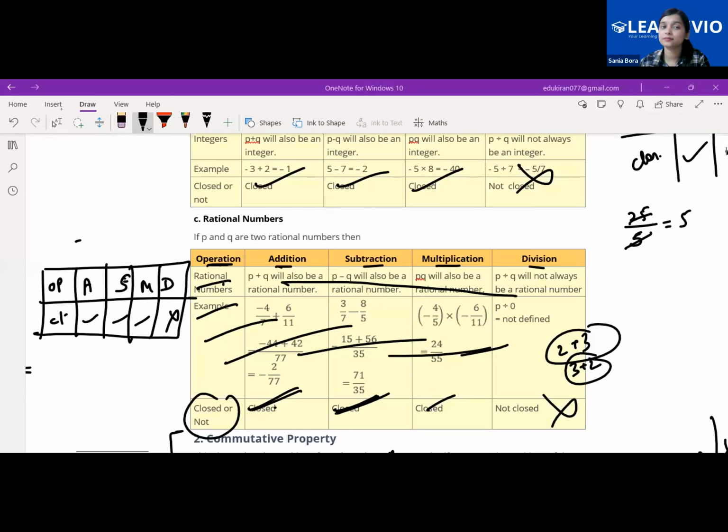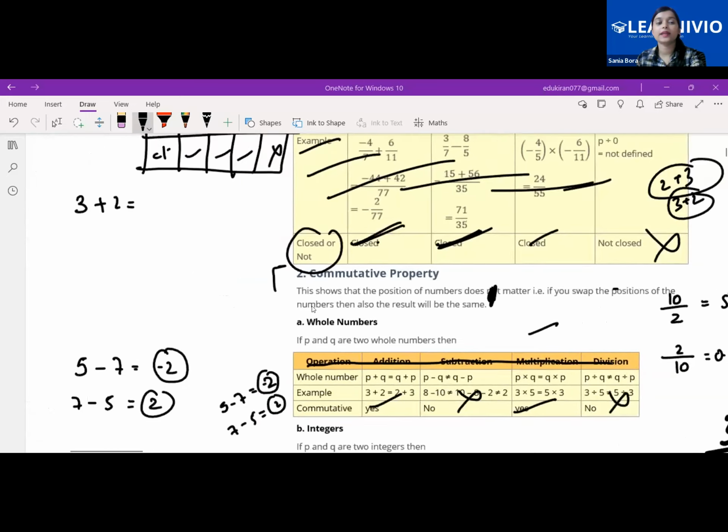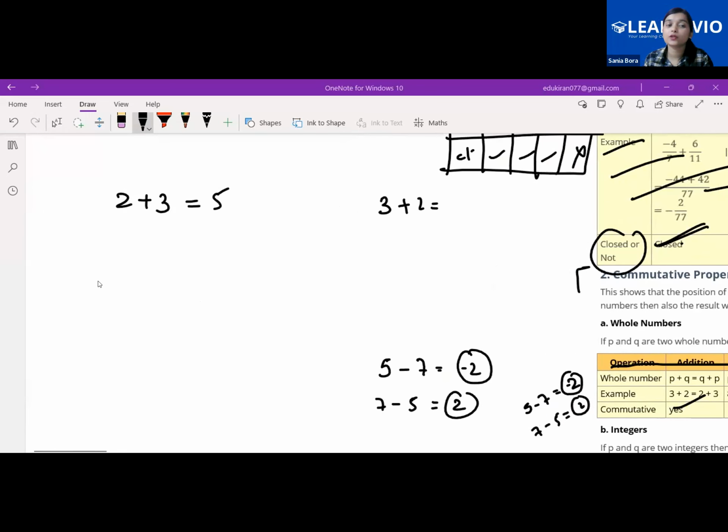Okay, students done? Yes, ma'am. Everybody is done. Should I move to the next property? Now the next property is commutative property. For example, 2 plus 1 gives me 3. If I write 1 plus 2, it also gives me 3.